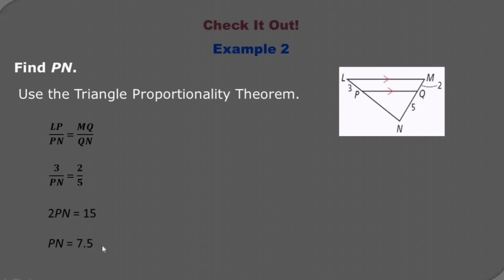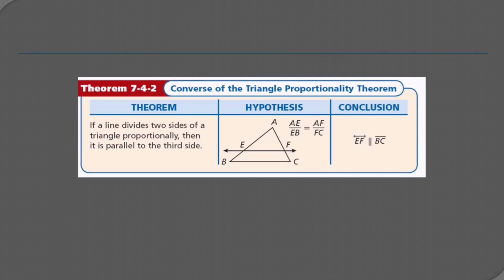I think it's easy. Let's take the second theorem, which is the converse of the triangle proportionality theorem, which is: if a line divides two sides of the triangle proportionally, then it's parallel to the third side.